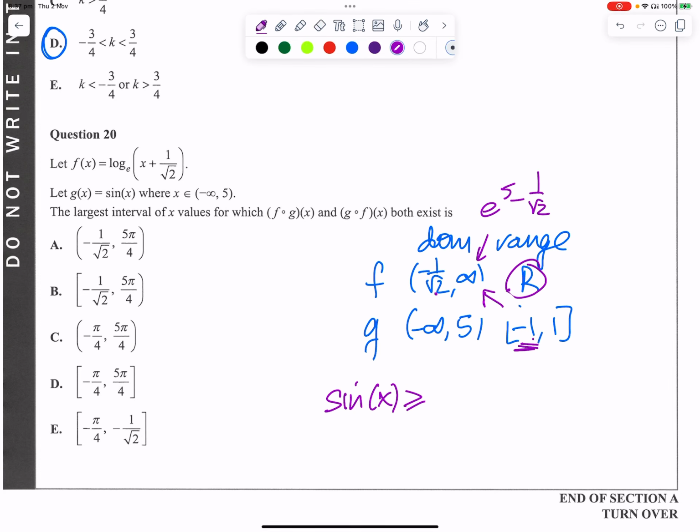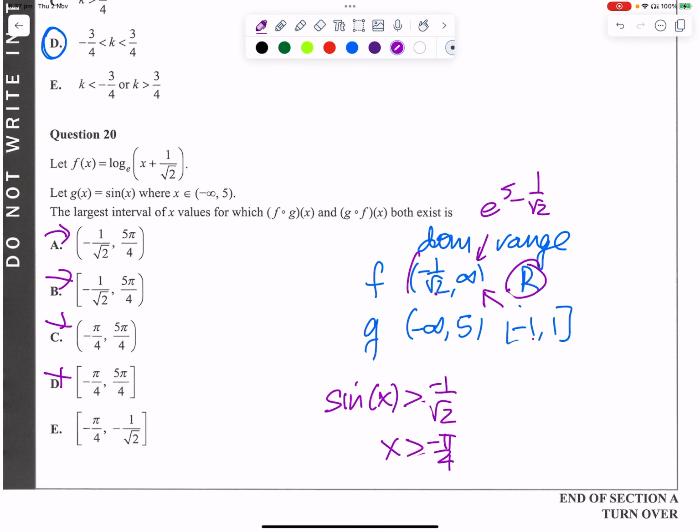Sorry, this has to be greater than or equal to negative 1 on root 2. If we solve that, we get x has to be greater than, it can't be equal to, negative pi on 4. Okay, so here, that's where our negative pi on 4 and our pi on 4 values come from.